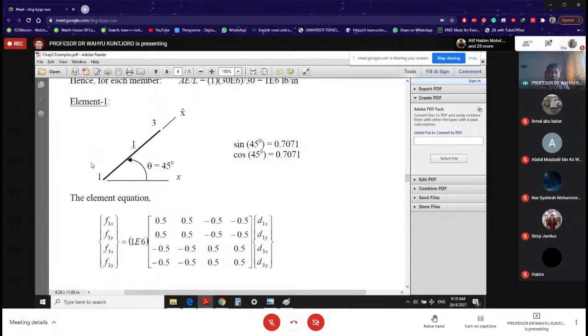Why? Because the positive x local is from 1 to 3. That means you start with 1 and then follow by 3. So that's the way we do it. That's the consequence of having this local axis direction positive from where to where. The same for displacement. So that is our element number 1.